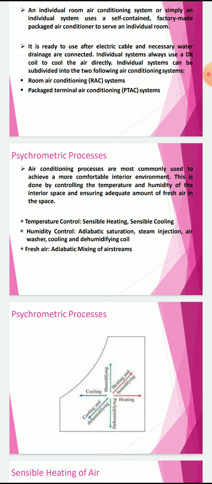For example, we take a chamber and fill it with water, and from one end of the chamber, air is forcibly passed over the top layer of the water, and through the other end the air comes out with increased humidity. The air, because of its superheated temperature, absorbs the moisture from the water and escapes into the room, and that is the adiabatic saturation process.